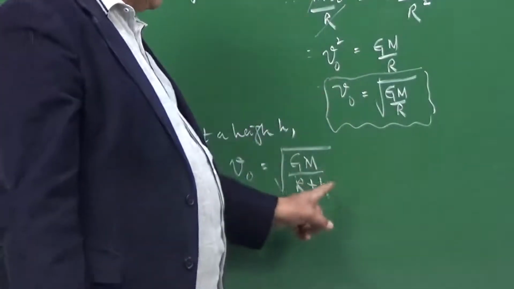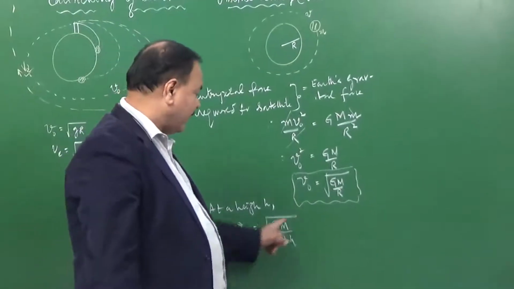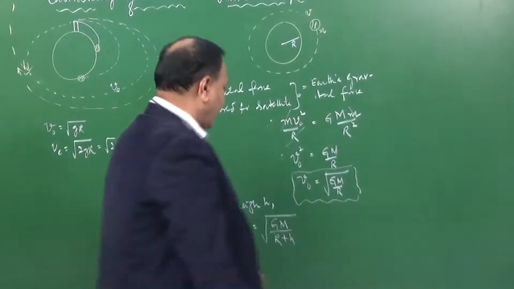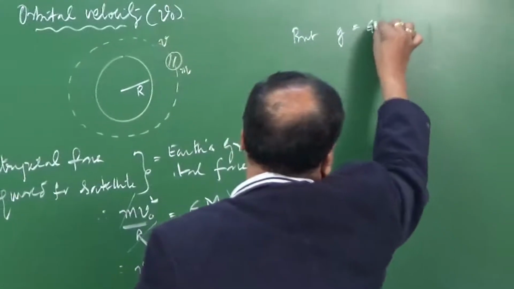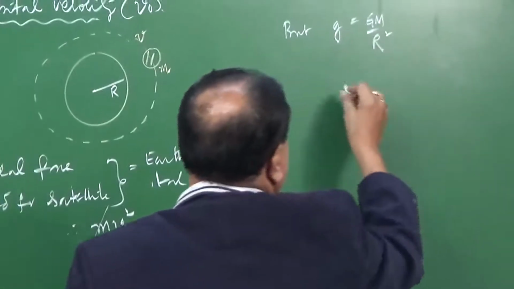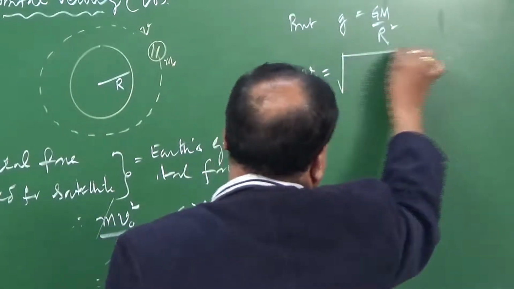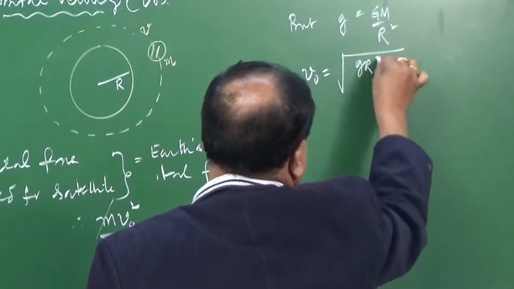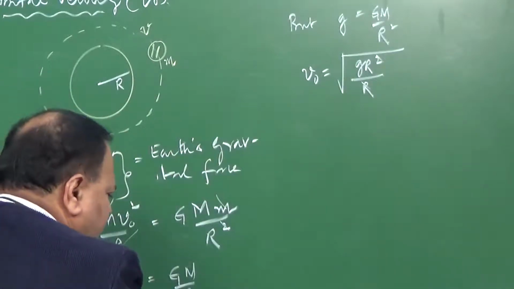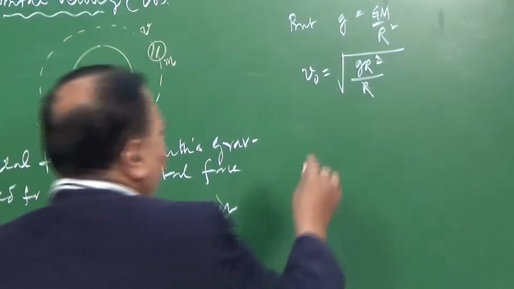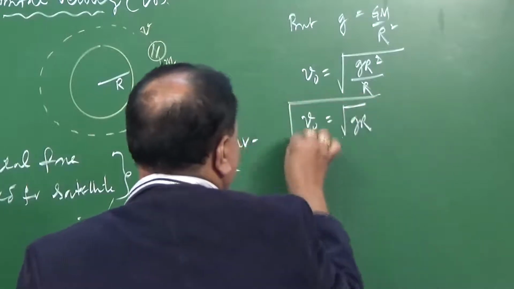If it is close to Earth, the value of h is equal to 0, then you will get this value, root of GM by R. Remember here, your g is equal to GM by R square, which implies your orbital velocity v0 is given by root of, in place of GM, you can write gR square by R. The R gets cancelled. You substitute in equation number 1. Therefore, what is the formula for the orbital velocity? Root of gR. Very, very, very important.